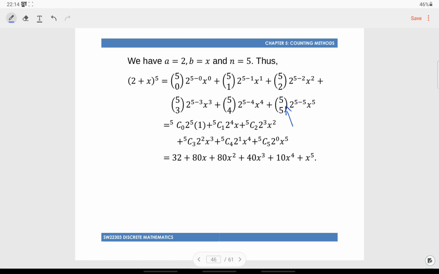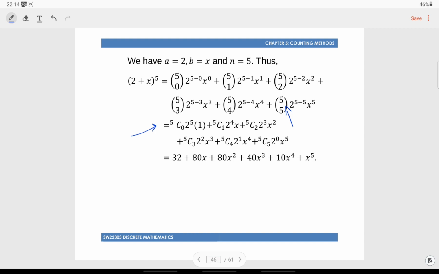Okay, so we simplify by using the formula of the binomial theorem. So we have the following equation: 5 choose 0, 5 choose 1, 5 choose 2, up to 5 choose 5.